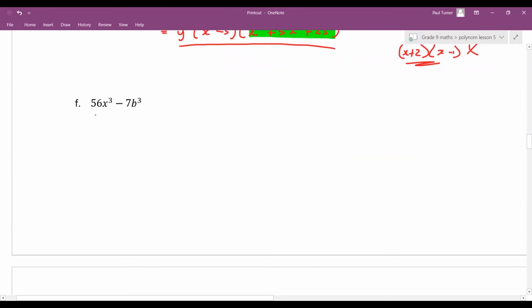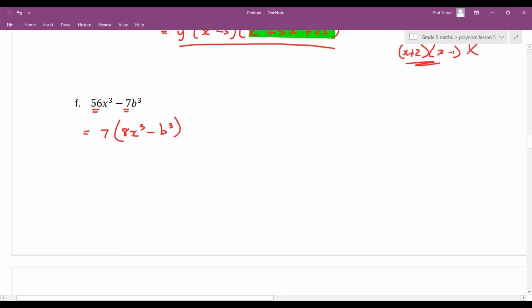In the last example, for the common factor, you've got a 7 and a 56. So why don't you try 7? Which is good because 7 times 8 is 56. 8x cubed minus b cubed, like that. So no other common factor.